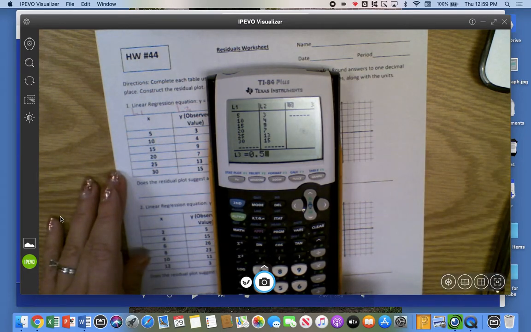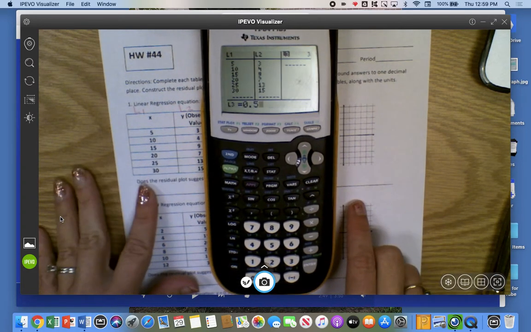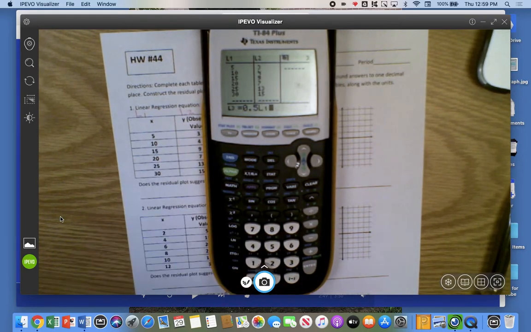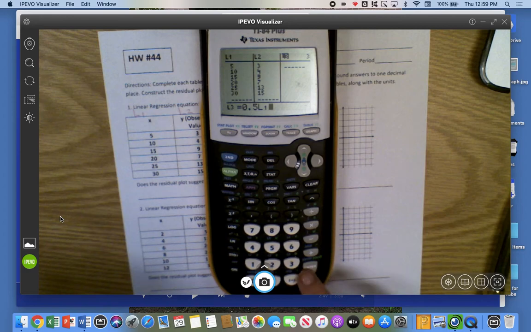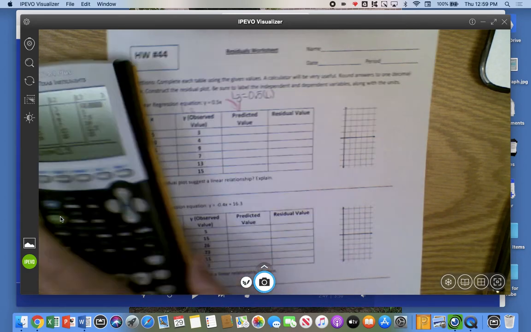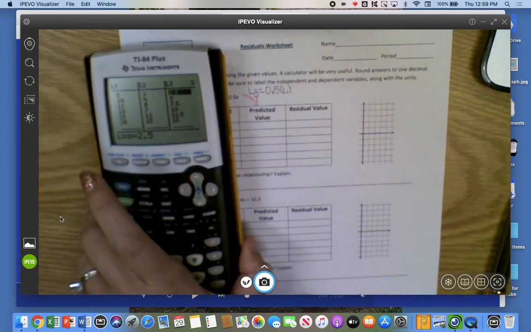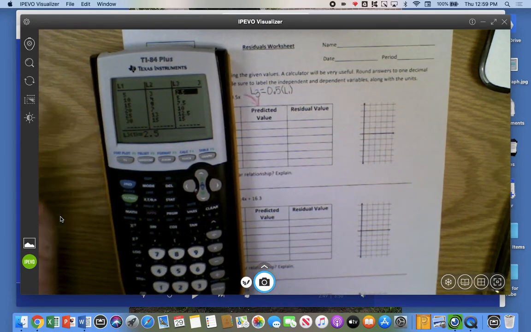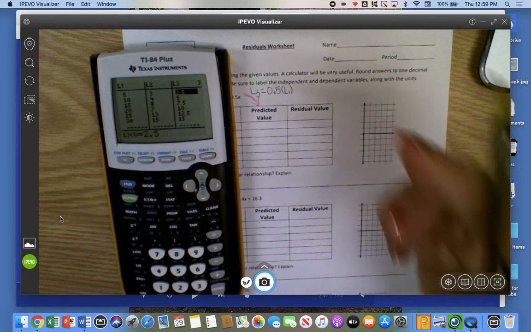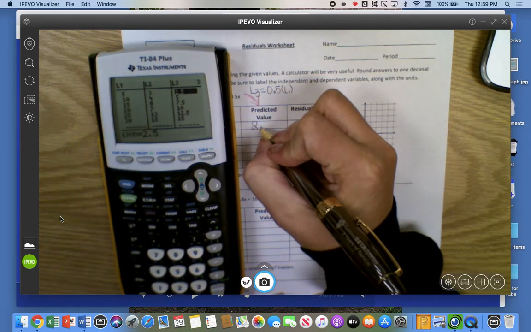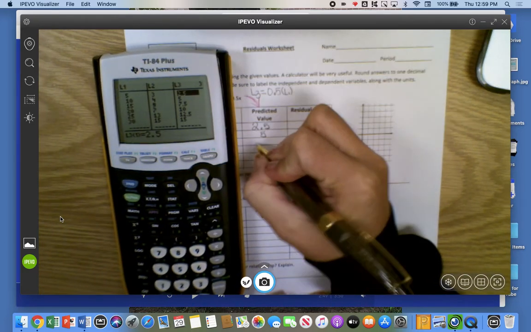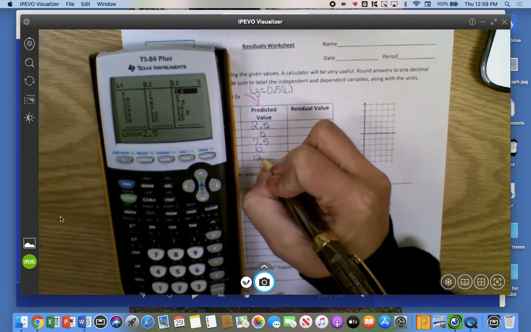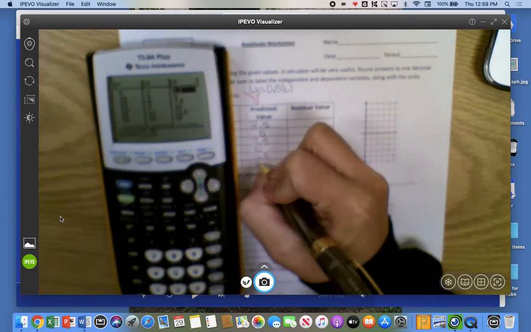L1 is in blue above the 1, so we hit second and then 1, and our L1 shows up. We hit enter, and it plugs in every one of those values. So we are essentially taking half of every x value, and we get 2.5, 5, 7.5, 10, 12.5, and 15.